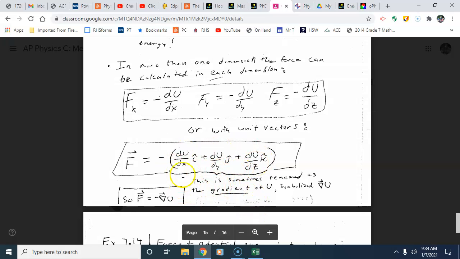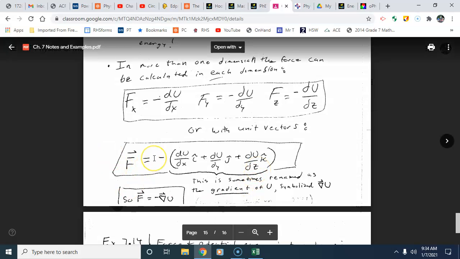If you view that on all axes if they're present, taking the derivative in unit vector notation on each separate axis, with respect to x, then with respect to y if it's there, and with respect to z if it's there, you still have the negative out there for reasons we talked about to begin with.